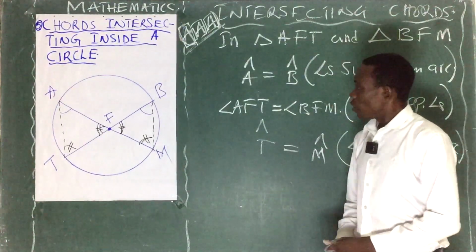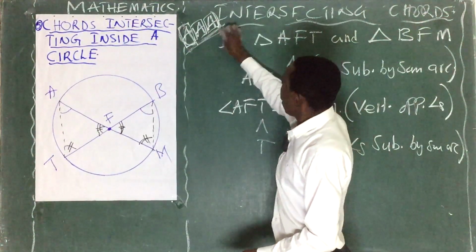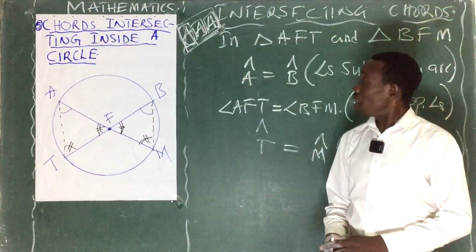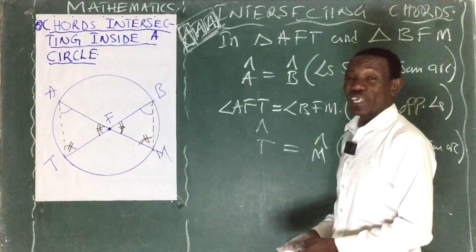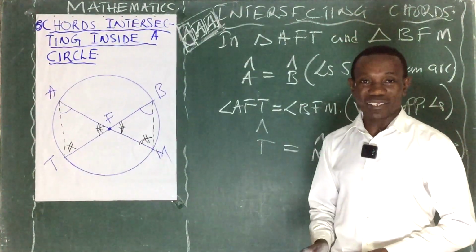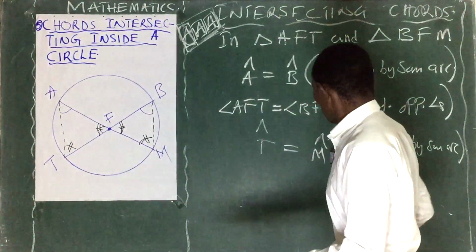So we have managed to show that the three pairs of corresponding angles in the two triangles are equal. So the equiangular test has been satisfied.